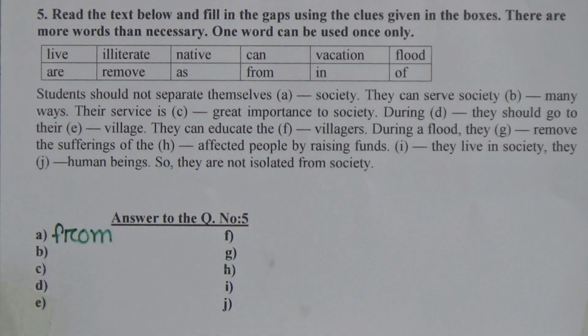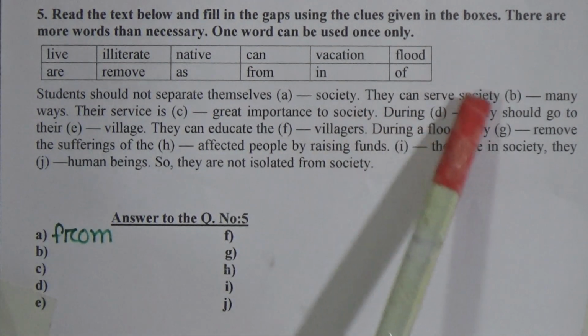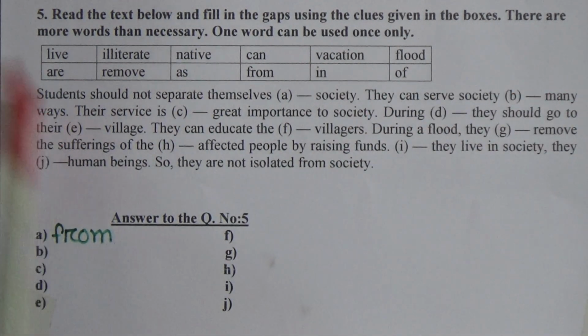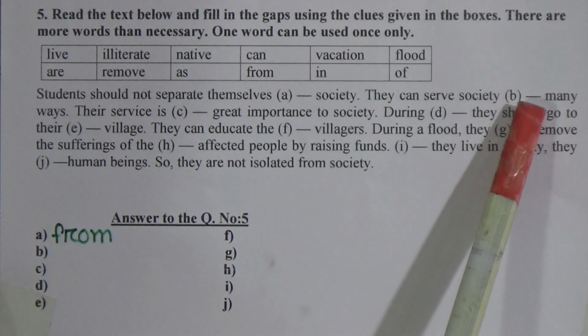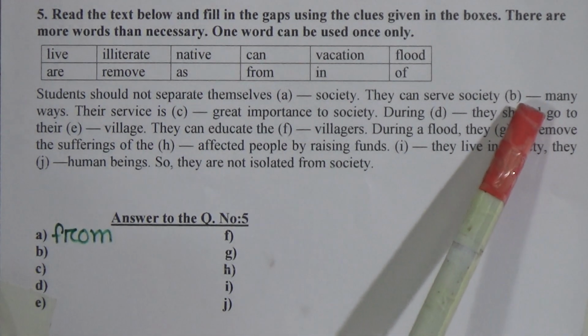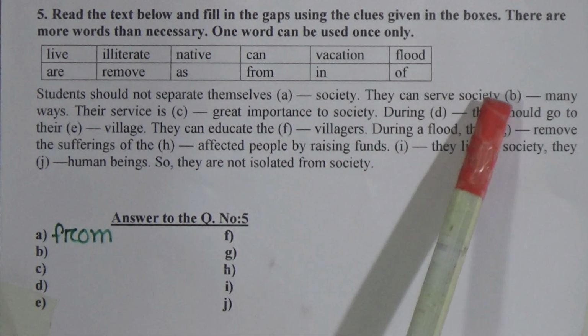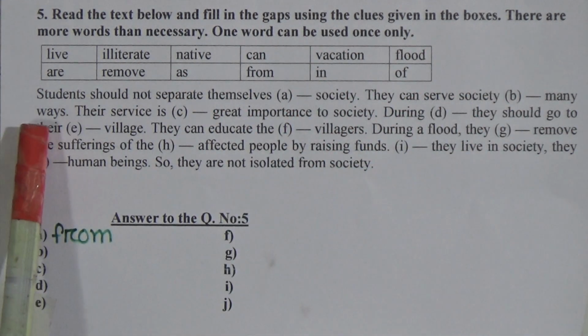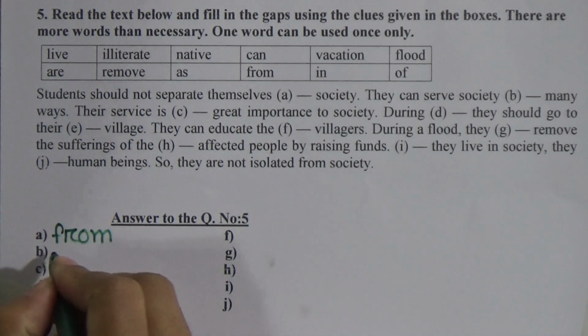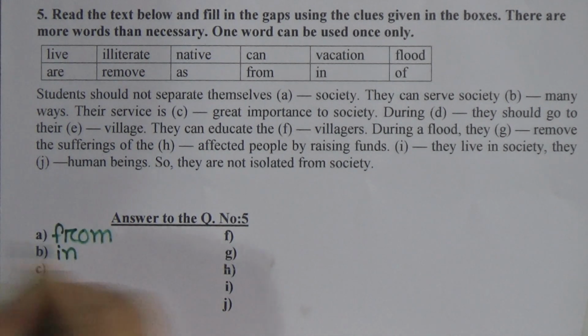F-R-O-M, from. They can serve society dash many ways. Again, we have to choose a preposition for this gap, and it will be in. They can serve society in many ways. So in number B, the word will be in.